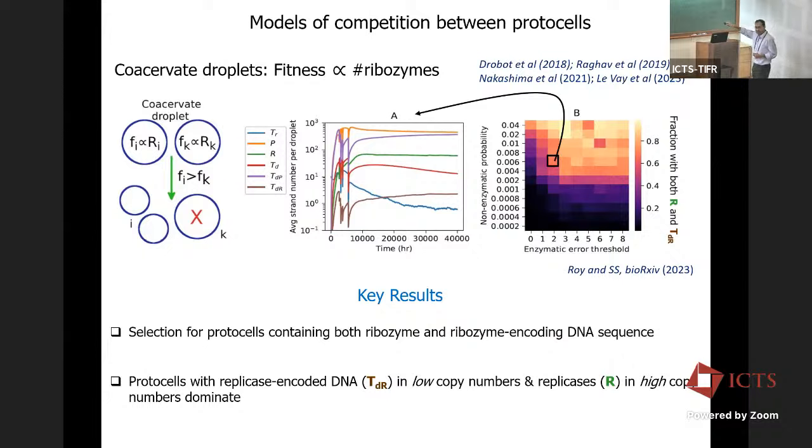And one interesting side effect that we see from these simulations is that the DNA encoding the enzyme appears at roughly order 1, whereas the replicase number is more of the order of tens. So there are a larger number of replicases compared to the templates that encode the replicase.